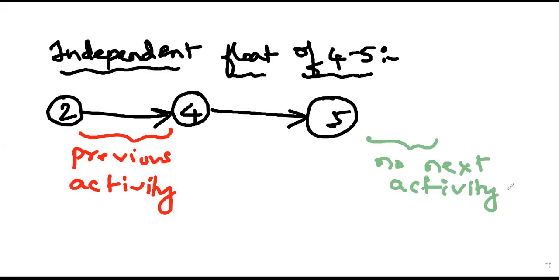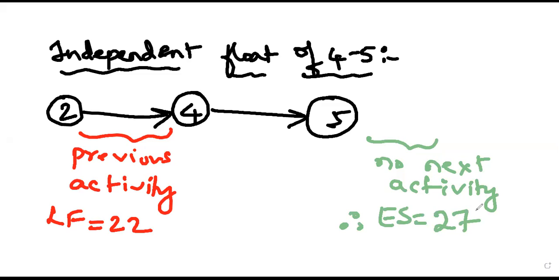So what is the late finish for the previous activity? It is 22 days. And what about the next activity? The early start for the next activity is 27.